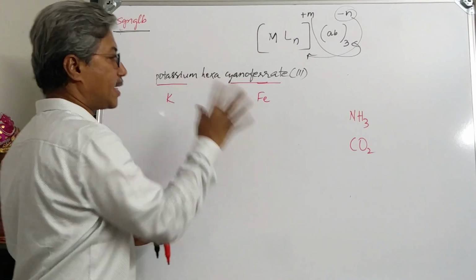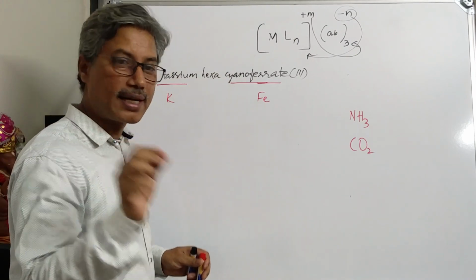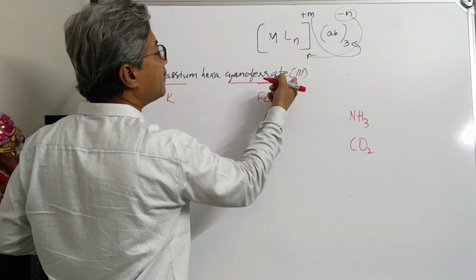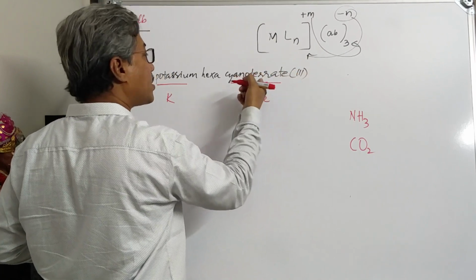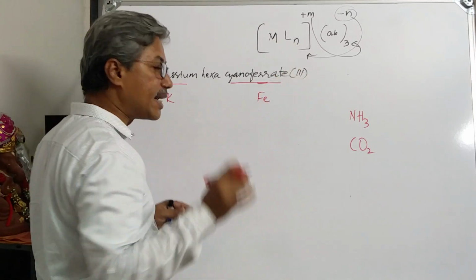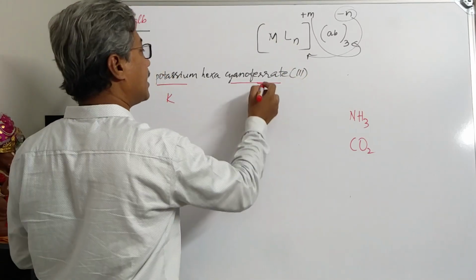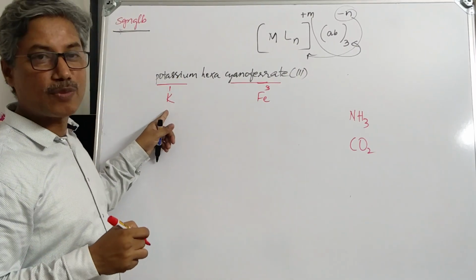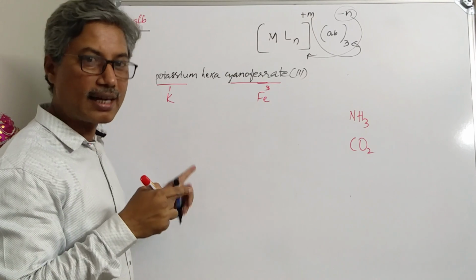If there are 2 metal atoms, then we have to identify which one is central. That can be decided by looking at the Roman numeral associated with the atom. If the Roman numeral is associated with this, then it will be the central atom. This Roman number itself indicates the valency, and it is 3 and it is 1. And how will you come to know that it is 1? By group number. Clear? Alkali metal.